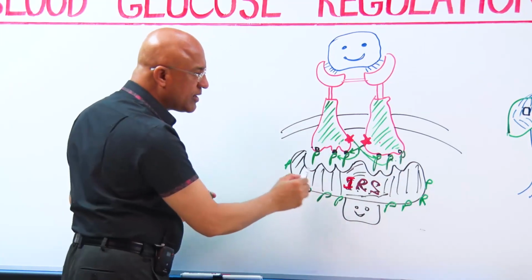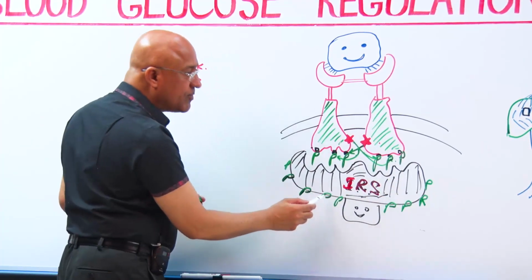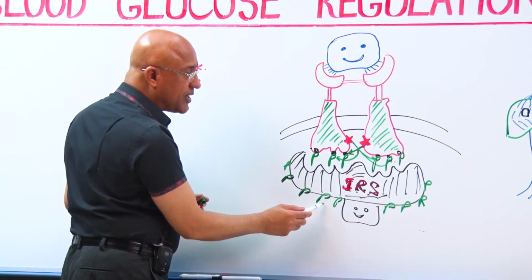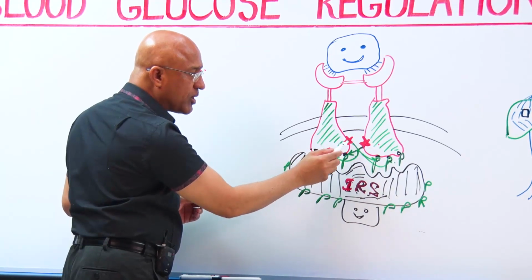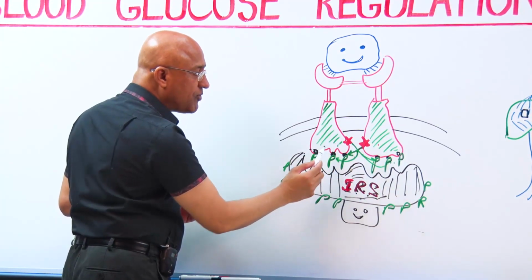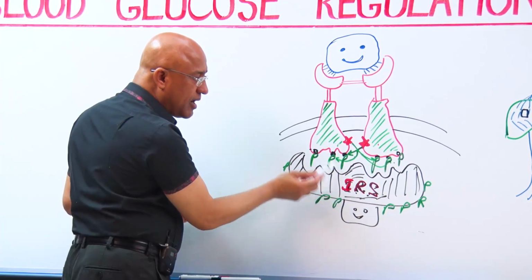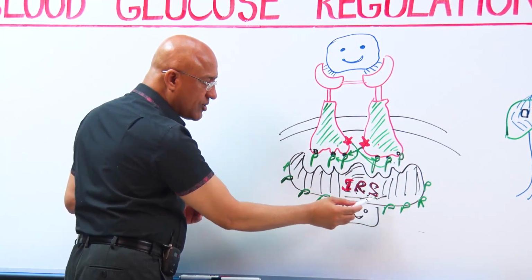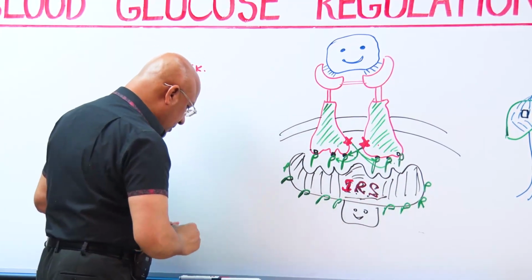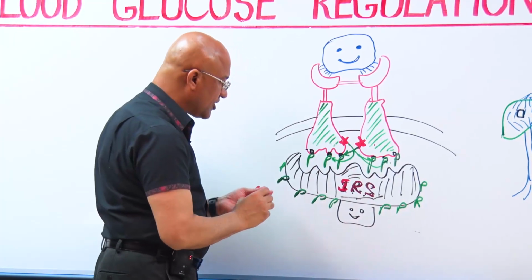Once this insulin receptor substrate is phosphorylated, who phosphorylated it here? Again the same beta units. First they phosphorylated each other, then both of them phosphorylated the incoming IRS. Once it is phosphorylated, from here the pathway takes two different sides.